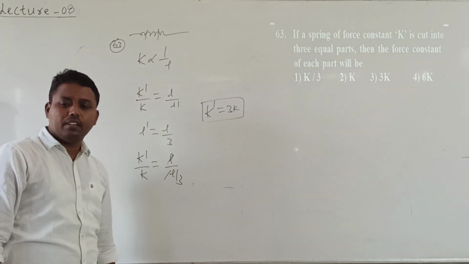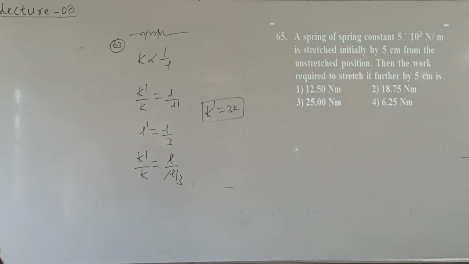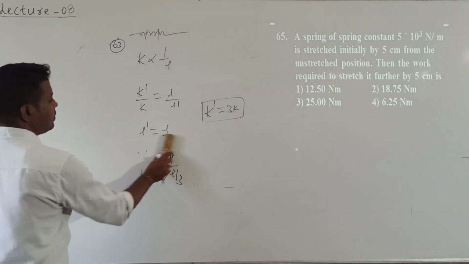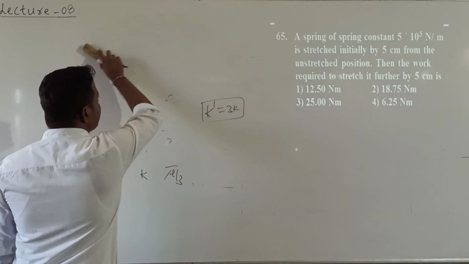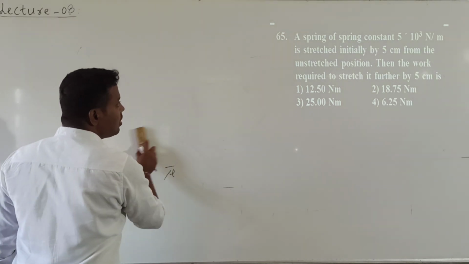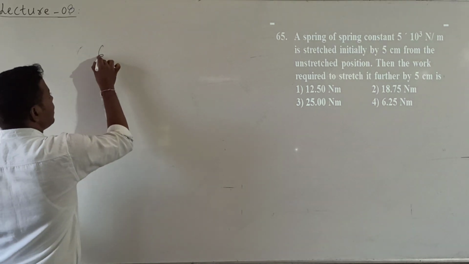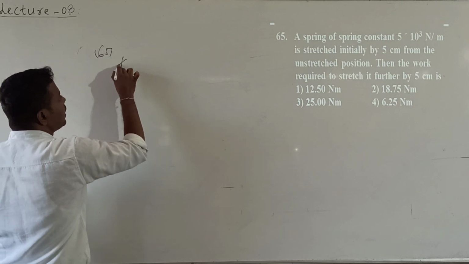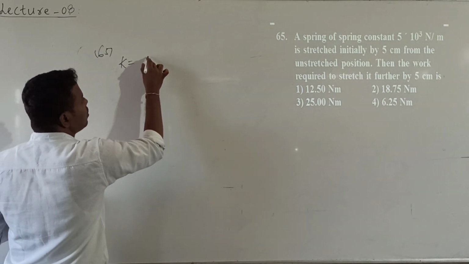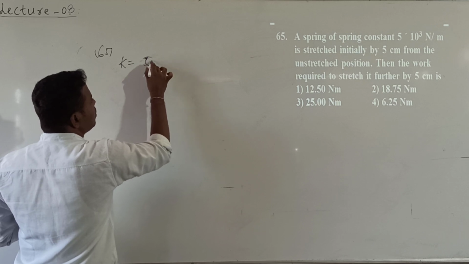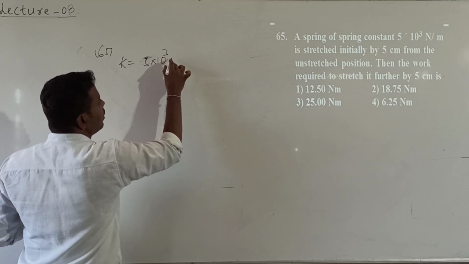Okay now? So the last question of this class. This is question number 65. In this question, what is given is a spring constant of 5 into 10 to the power of 3 Newton by meter, stretched initially by 5 centimeters. So spring constant value K is 5 into 10 to the power of 3 Newton by meter.